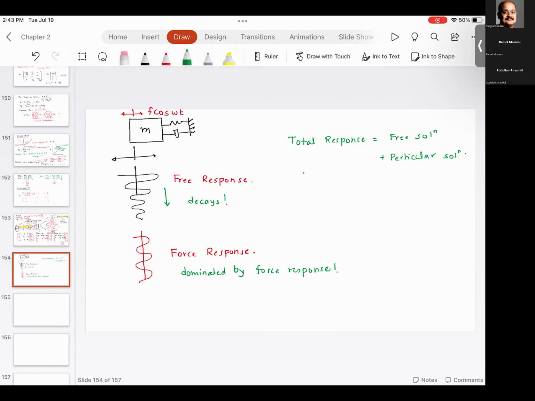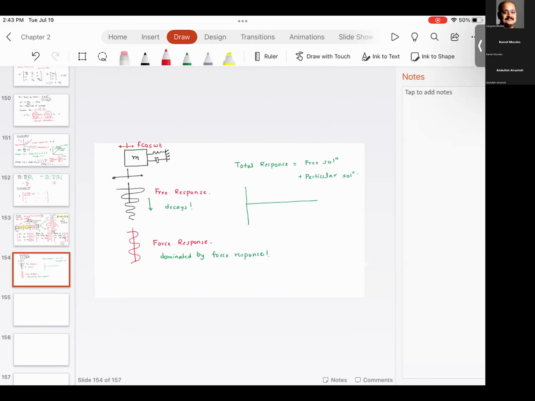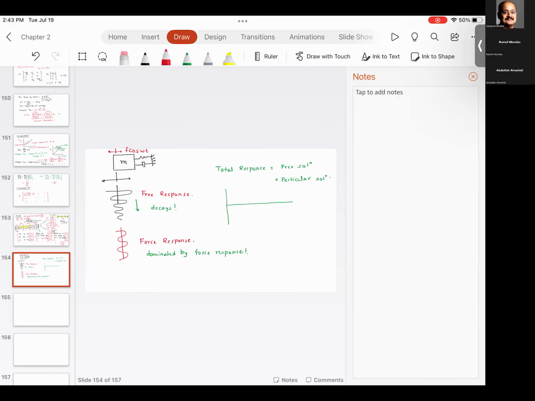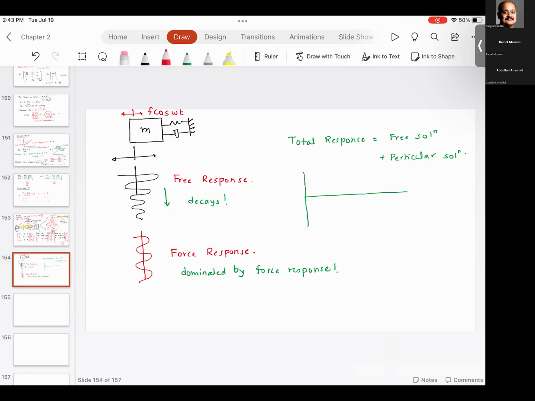So this is what you would see. If you have a system that is subjected to forcing, then initially you have the free response and then gradually there will be the forced response because the free response will decay.